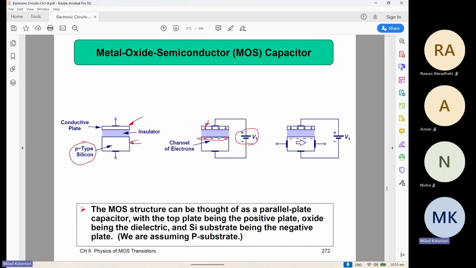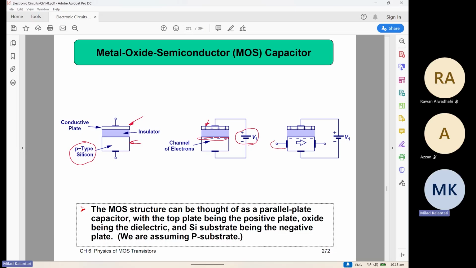And then we were thinking, what if we add two more contacts from the sides and apply a voltage? Initially, this material, the p-type, doesn't have that many conductive free electrons.